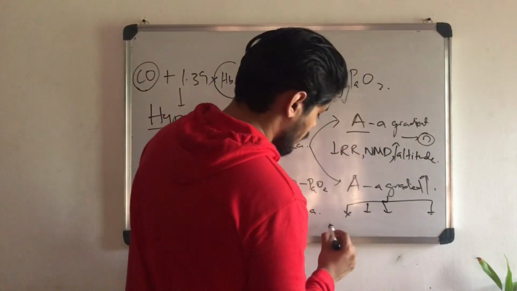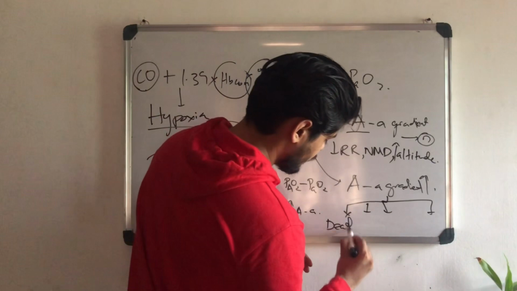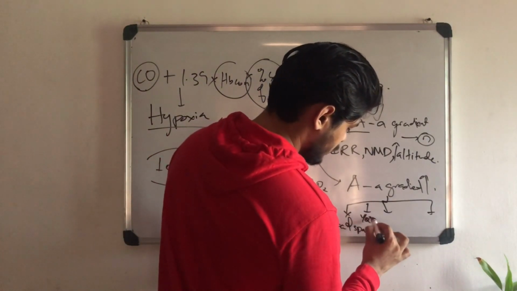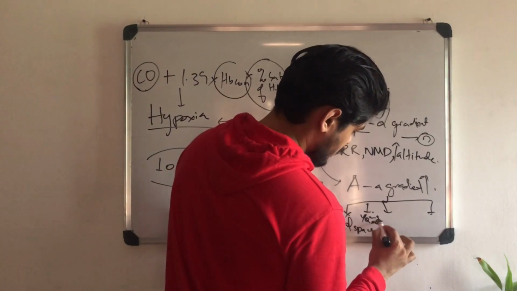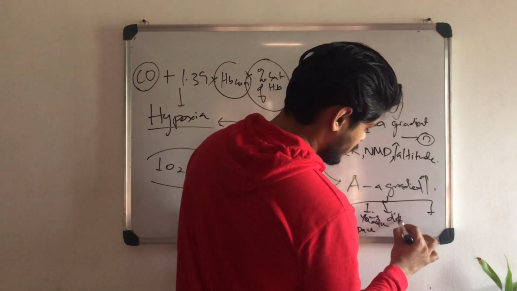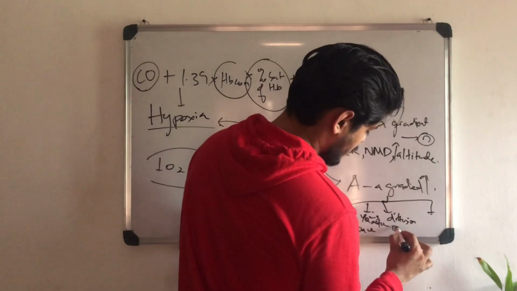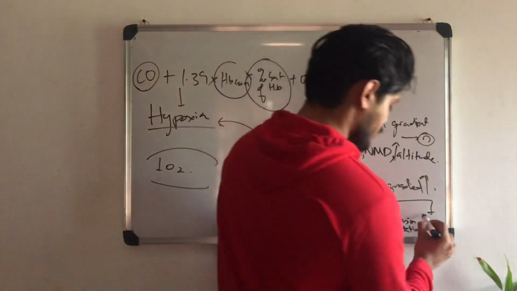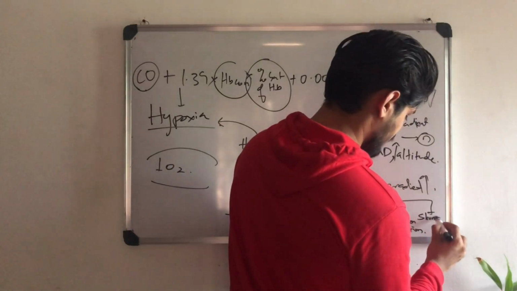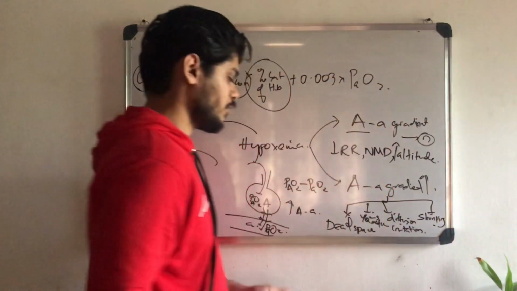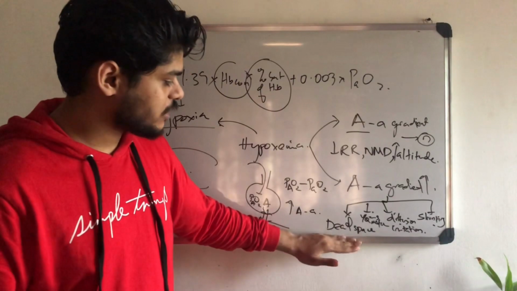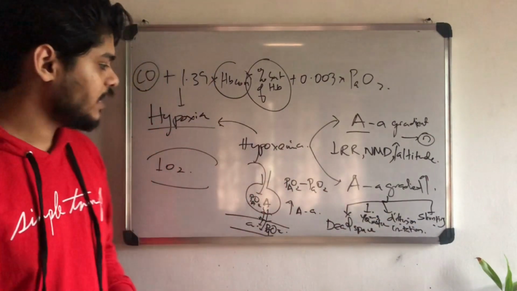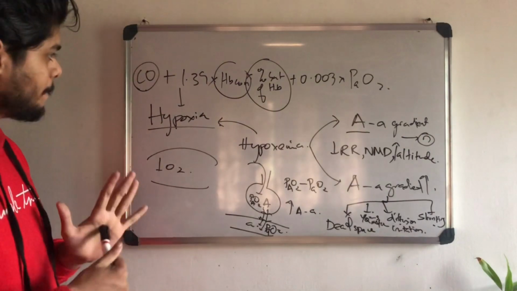Let's say one is dead space, another one is V by Q mismatch, diffusion limitation, and shunting. We will have to learn about dead space, V by Q mismatch, diffusion limitation, and shunting one by one, and let's see into that.